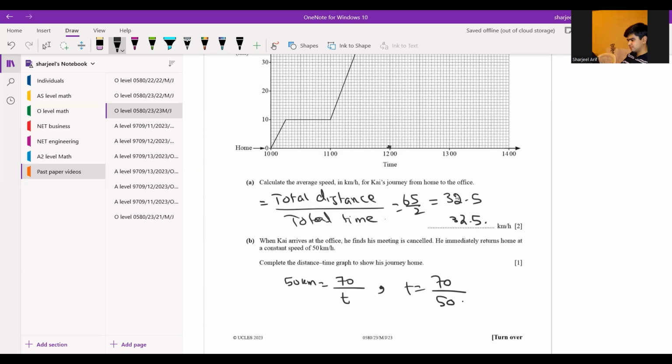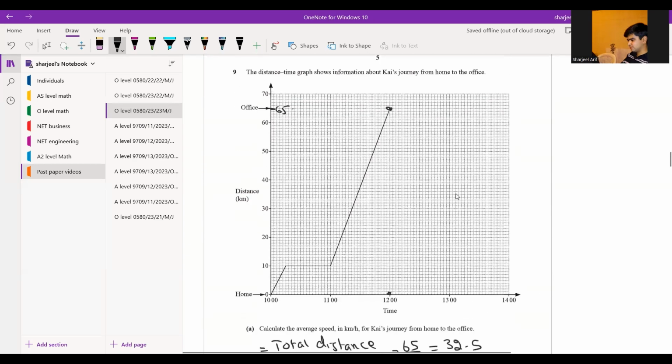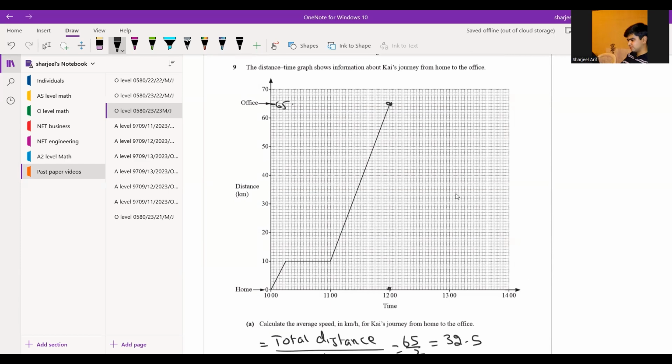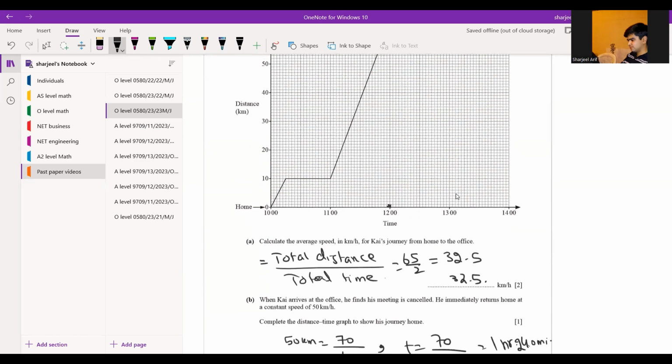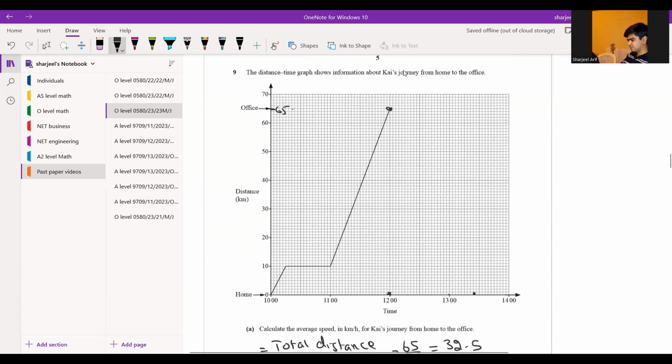This will be 0.4 into 60, 24 minutes. So 1 hour 24 minutes. He came back 1 hour 24 minutes later. So we have 1 hour here and 24 minutes. This would be around at this point. So we will join it.